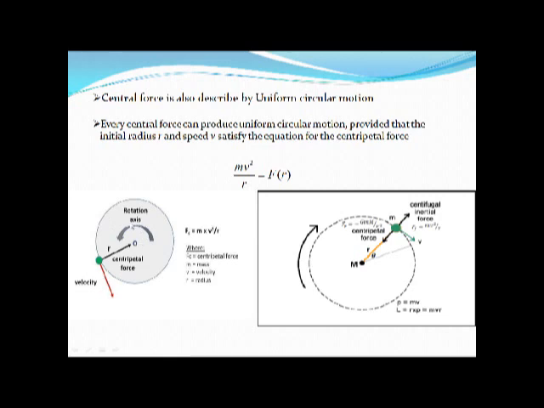This is the rotational axis, this is an object, this is our center, and this is the distance r. As you know, the velocity is always in the direction of the tangent. So this is the velocity direction, and mv square upon r. You already studied this equation in your previous standards.